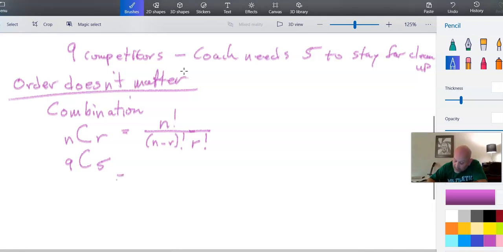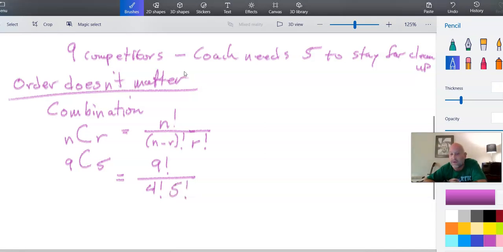If I were to write this whole thing out, it would be 9 factorial over, 9 minus 5 is 4, over 4 factorial. And then r is 5, so it would be over 5 factorial.